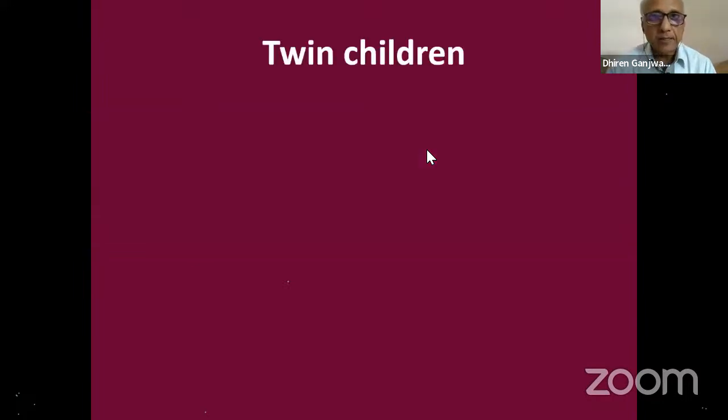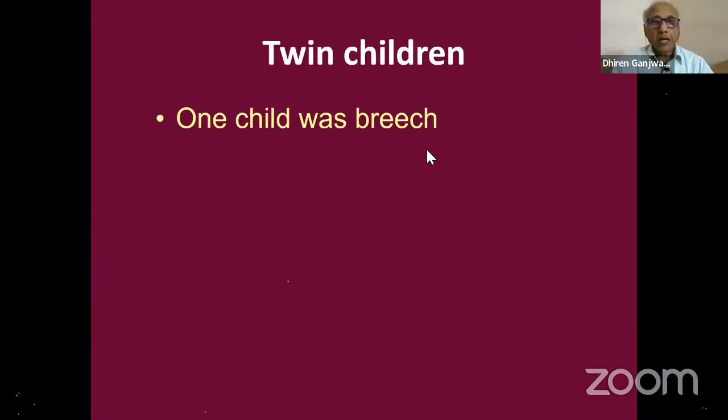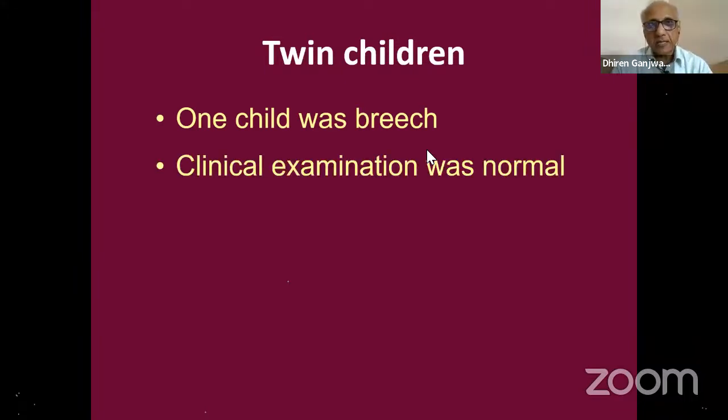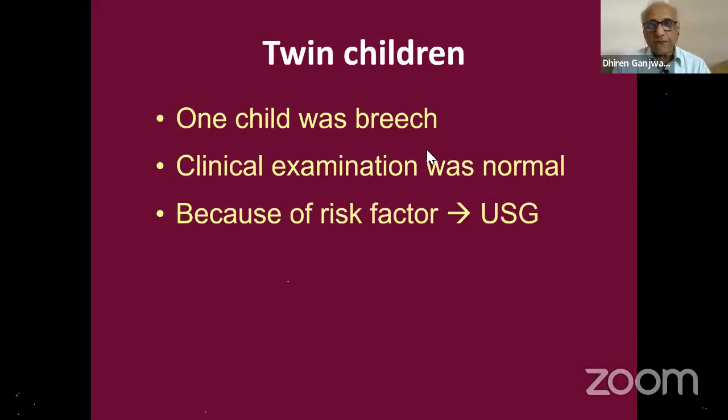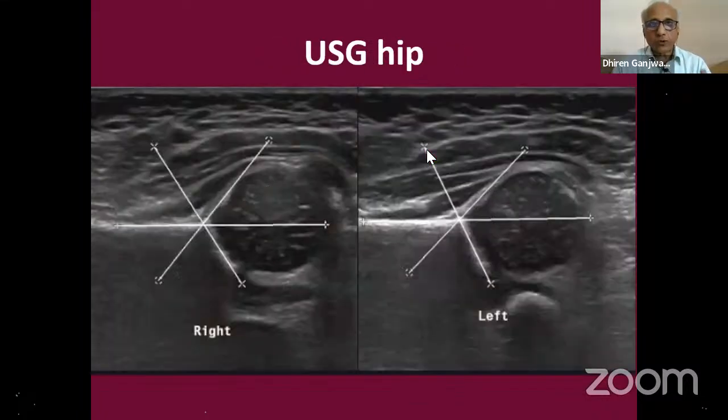Let's see one case example. Twin children. One child was a breech delivery, meaning the risk factor was present. The clinical examination was normal. But because the risk factor was positive, the child was asked to undergo ultrasonography. The ultrasonography shows, if you look, that the right is slightly laterally displaced compared to the left.